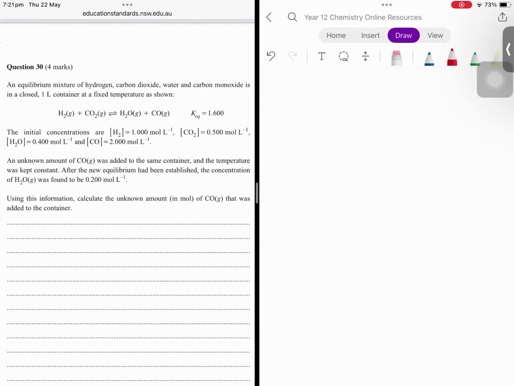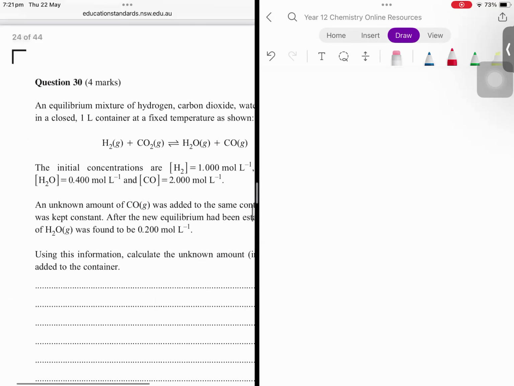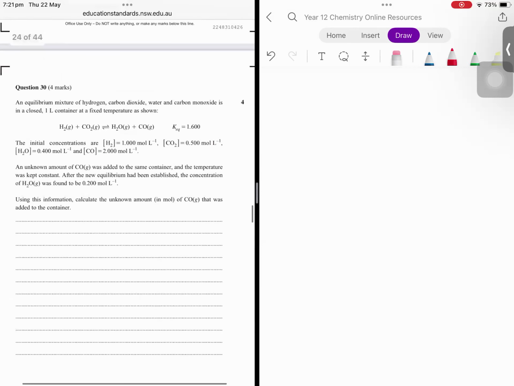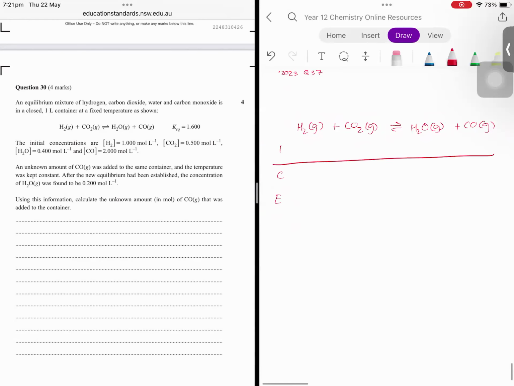Okay. So you've been given some initial amounts, you've been given some equilibrium amounts. That's how we know we're setting up an ICE table. So you've got H2(g) plus CO2(g) turns into H2O(g) plus CO(g). We know we're setting up an ICE table because they've given us some initial and some equilibrium. That's what I and E stand for.